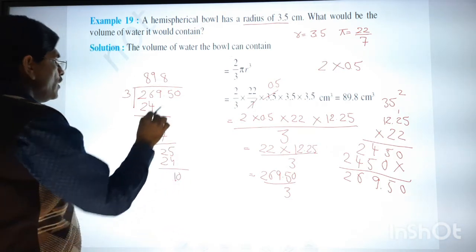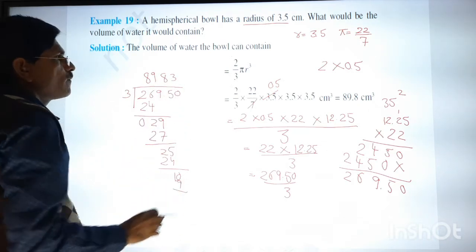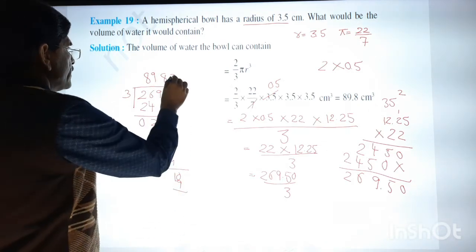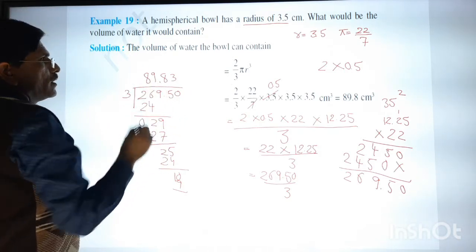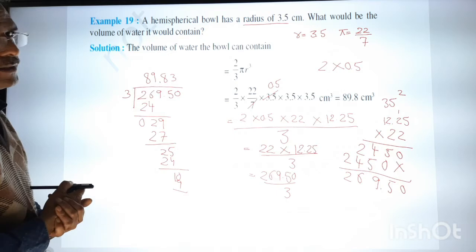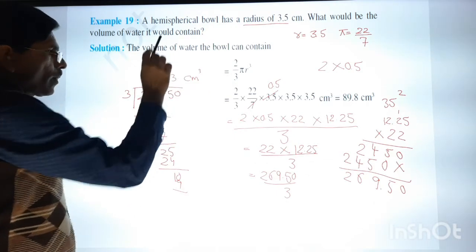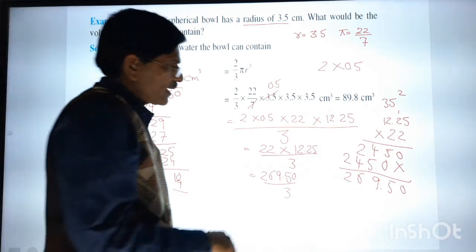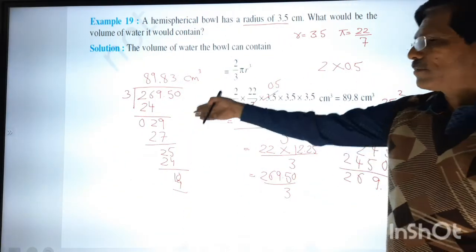Again 0. 3 3s are 9. Afterward it repeats. So actually the decimal point is here, but 2 digits. So 89.83 centimeter cube. I hope you have to write this, because I already explained how to multiply.